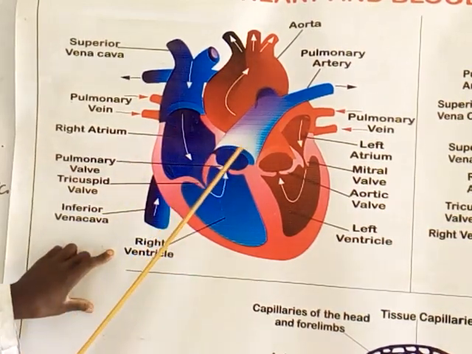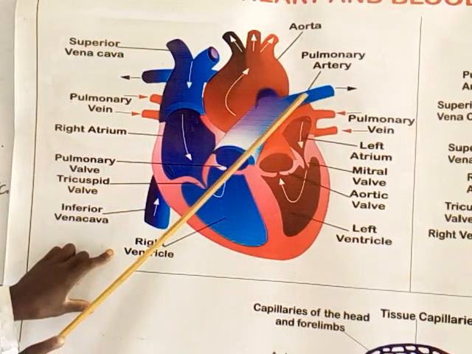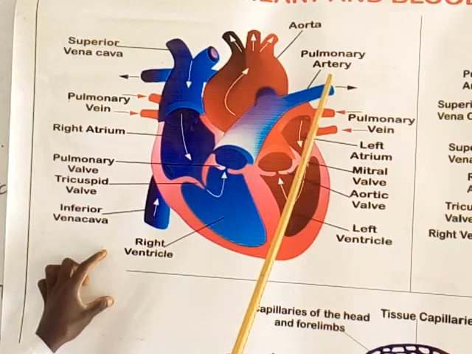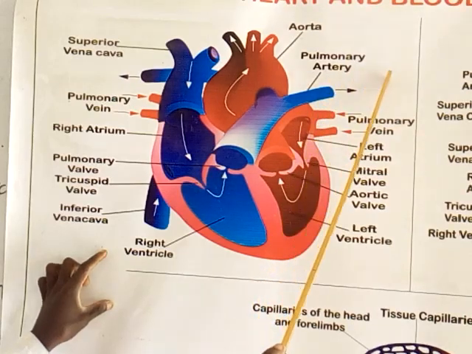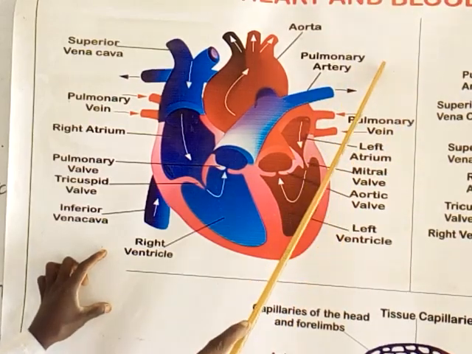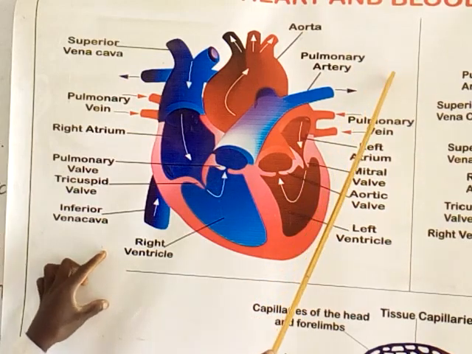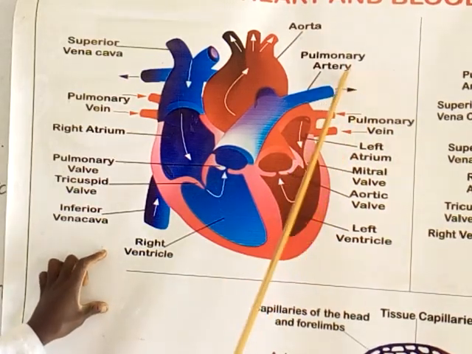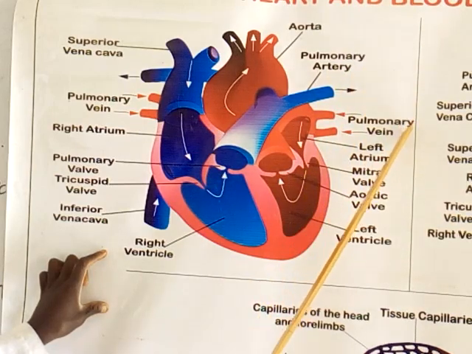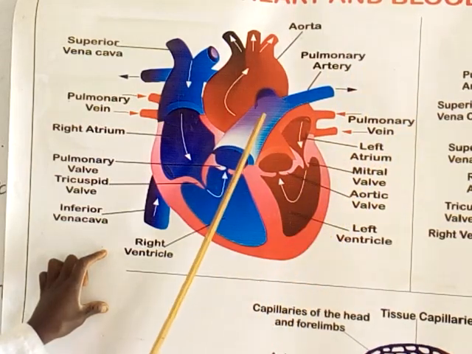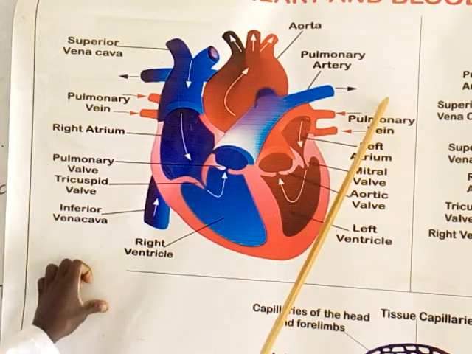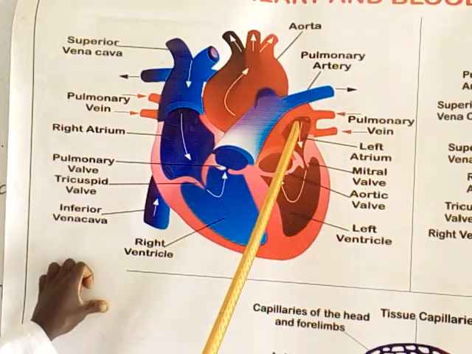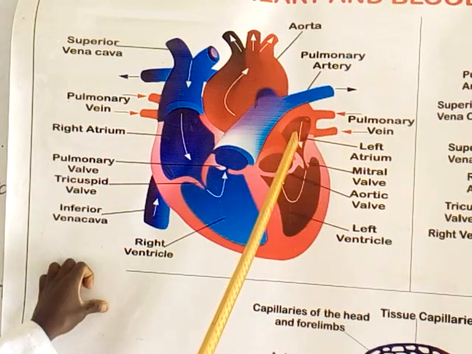The blue part is the deoxygenated blood. It flows to the lungs. In the lungs, it combines with oxygen to form oxygenated blood. Now it flows back to the heart through the pulmonary vein, the red one.